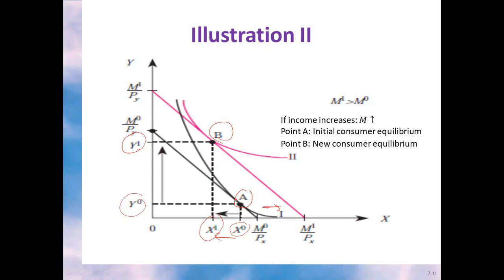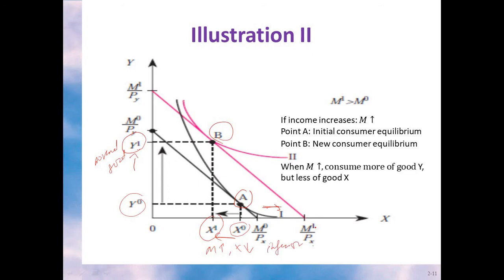So what does this tell us? If income is more, the consumption of that product increases, meaning that Y is a normal good. But here we have more income and the quantity drops, so this tells us that X is inferior. That is what we mean by normal and inferior goods.